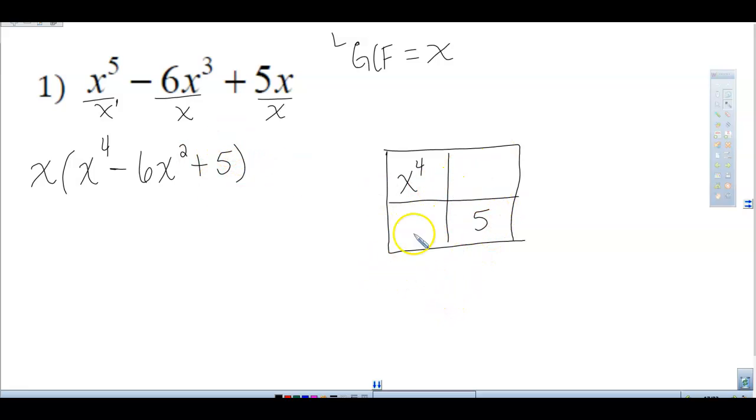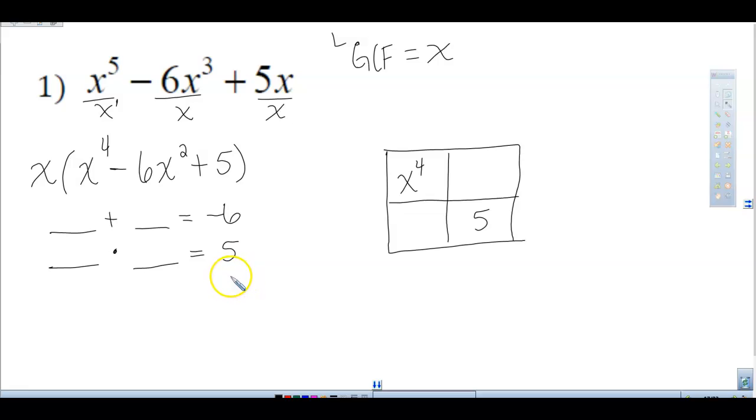And then in the middle boxes, you look for blank plus blank equals what? What does that have to add up to? -6. And then they have to multiply to what? 1 times 5. It should be a positive 5.